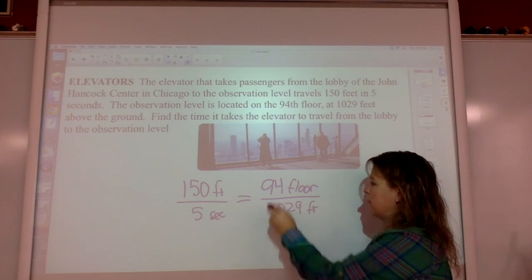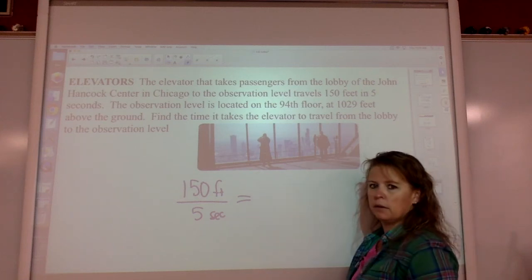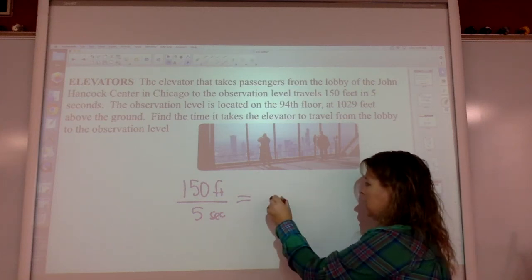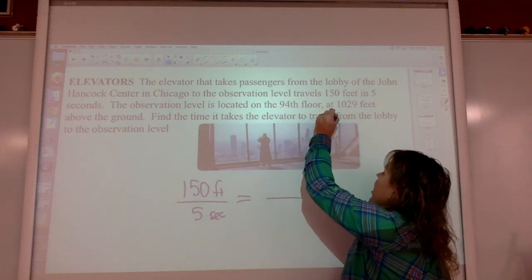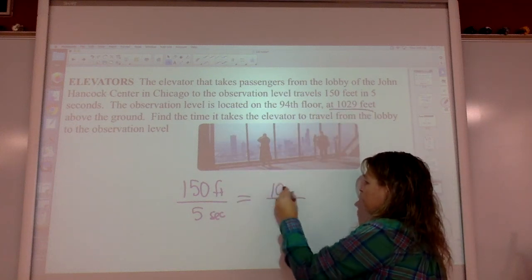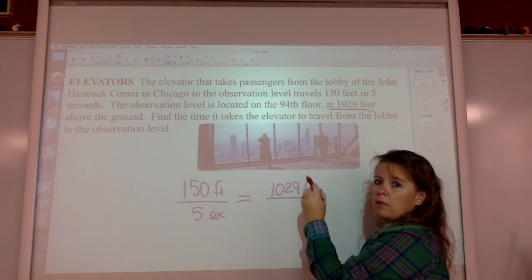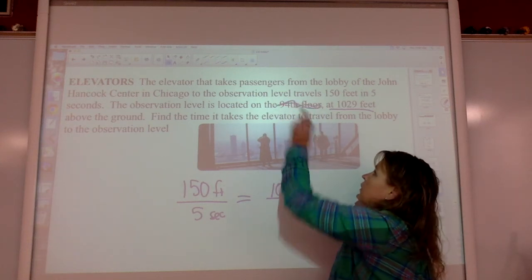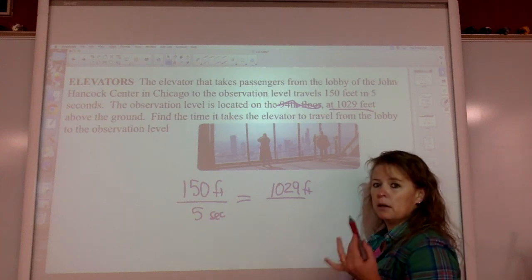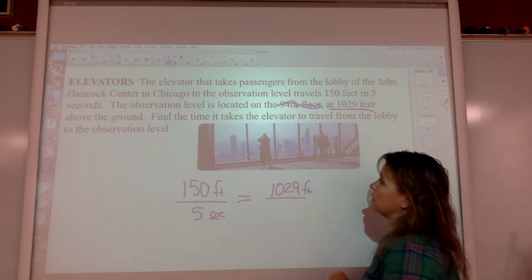When you see a number, don't just throw it down. It has to match. We need feet right here. What's the feet? 1029. What's the 94th floor there for? Just to see if you're paying attention. Wake you up. Don't use the 94th floor. It's a number, but it doesn't mean anything in this proportion.